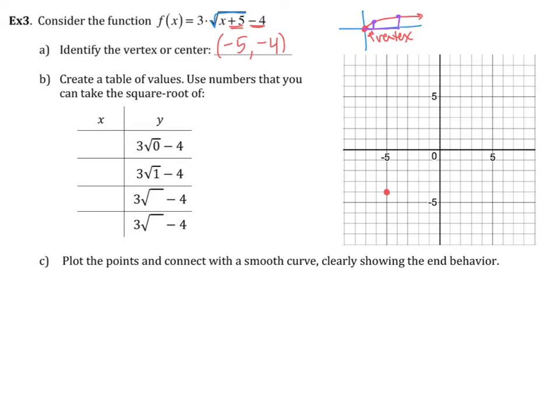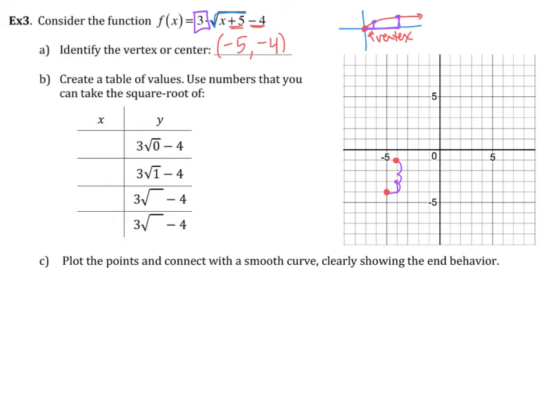So I do 1 to 1, 4 to 2, but now I'm stretching it 3 times higher vertically. So instead of going right 1, up 1, I have to stretch that 1, 2, 3 times higher. So my point should be right here.